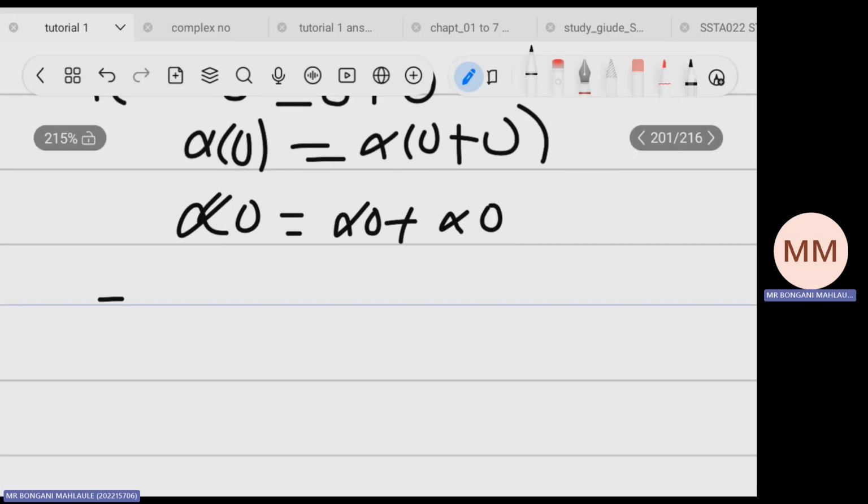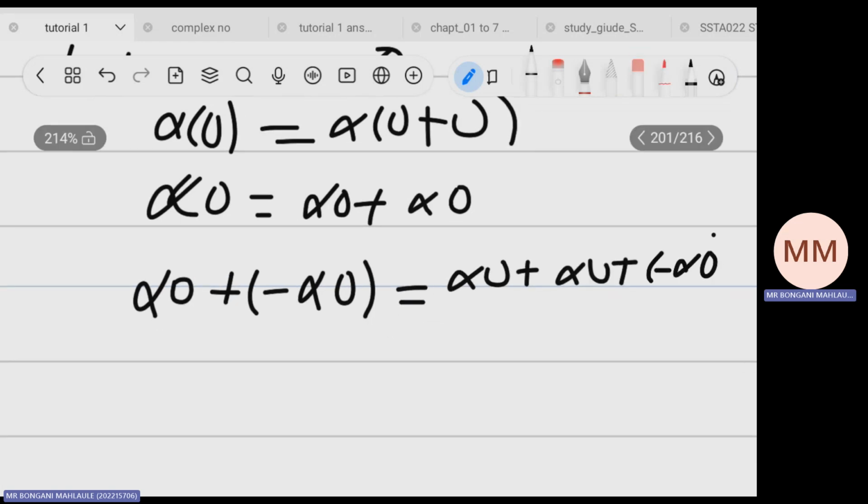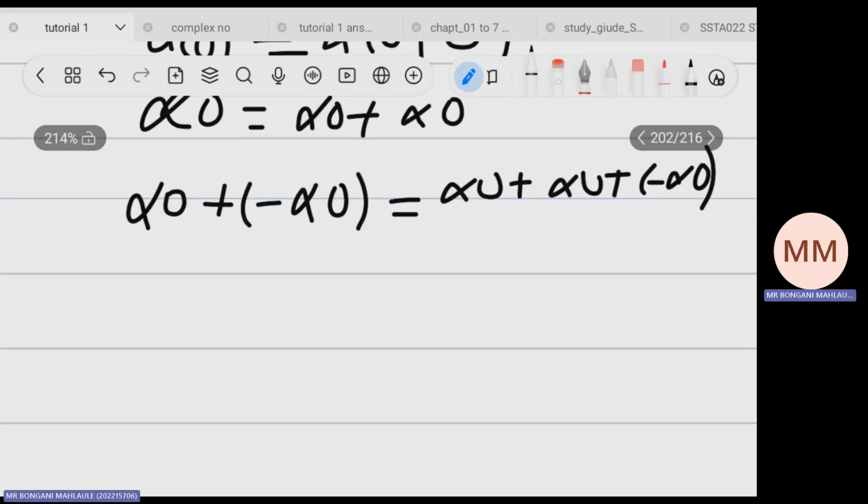Then we can add negative alpha 0 to both sides, and this will give us 0.